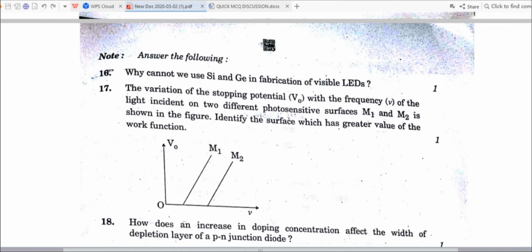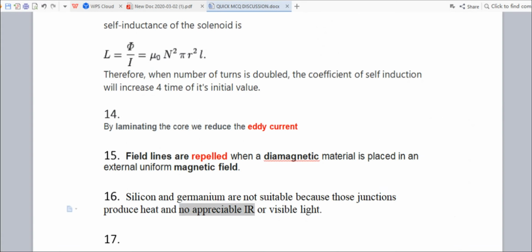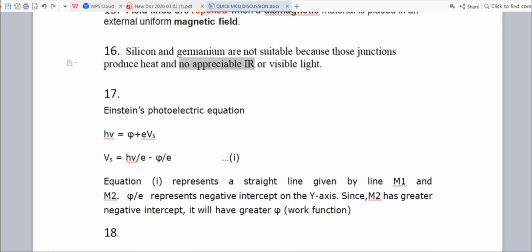Question number 17, variation of stopping potential with frequency is given for two different metals. We need to find out which one has the greater work function. According to Einstein's photoelectric equation, we establish a relation between stopping potential and frequency of photons.